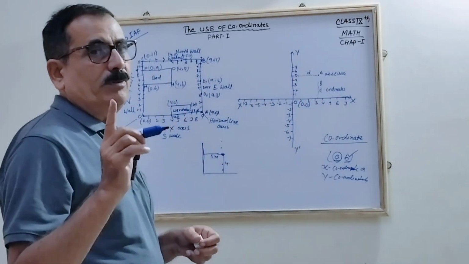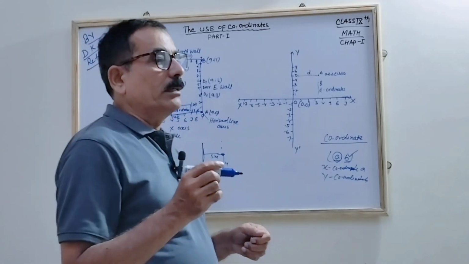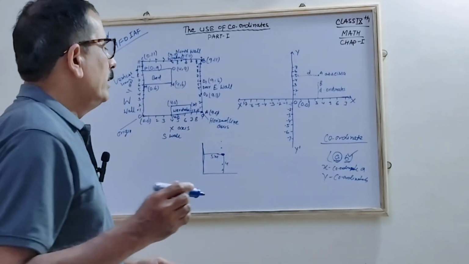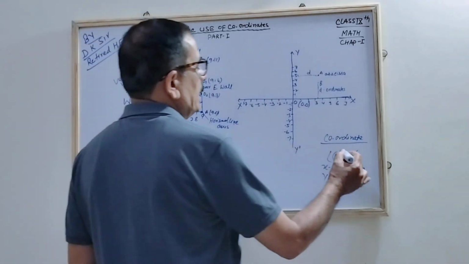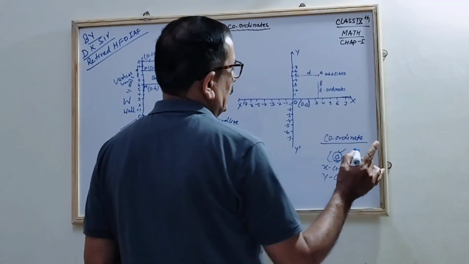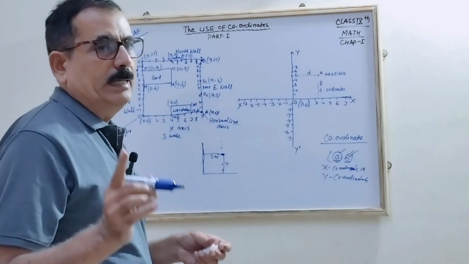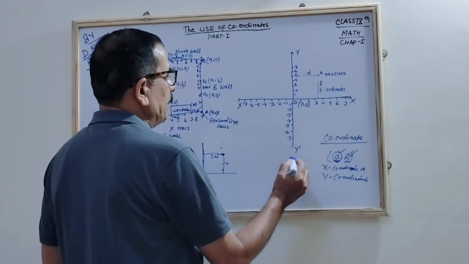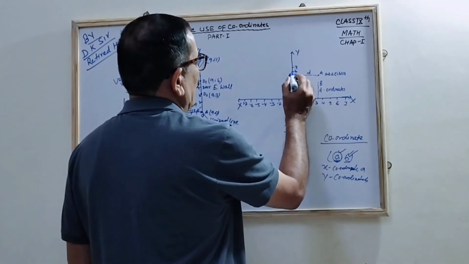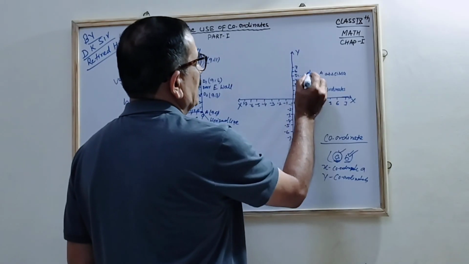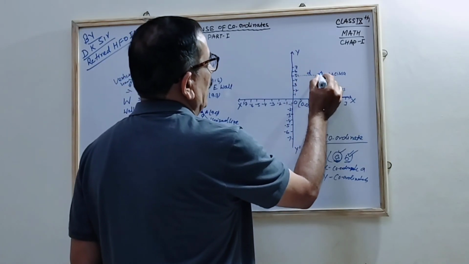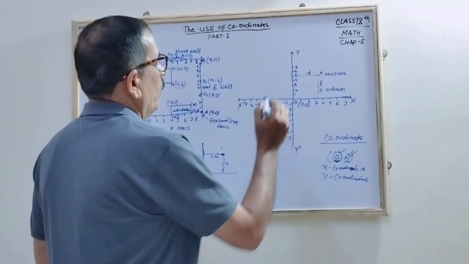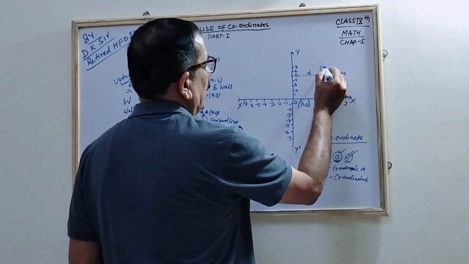Individually, if an MCQ asks which is the abscissa and which is the ordinate, gentlemen, the value of the x coordinate is called the abscissa. Can you see, it is the distance from the y-axis. So whatever the distance is, that is a and b.